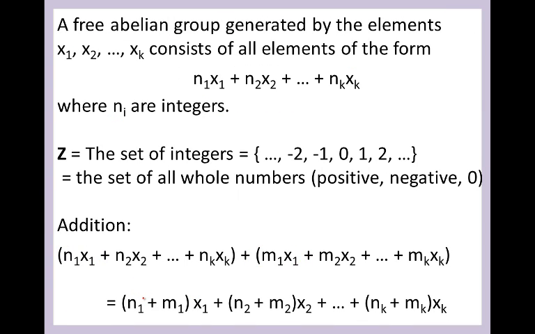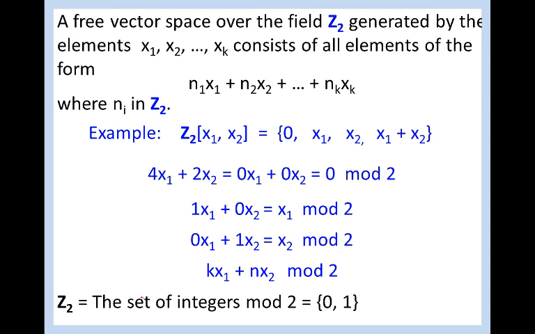Again, note that this is almost identical to the definition of free abelian group, except now our coefficients need not be integers. Our coefficients will normally be elements in Z mod 2. We can write 4x1 plus 2x2, but that is the same thing as 0 mod 2.